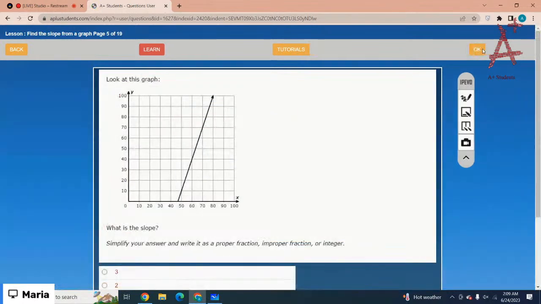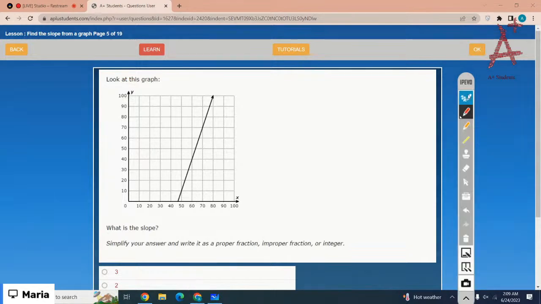Okay, then the next one: look at the graph. What is the slope? So you have to calculate the slope of the graph. Let's just select any 2 points on the graph and calculate the slope. Got it? Okay, this one and this one. Just look at the coordinates for these 2 points.